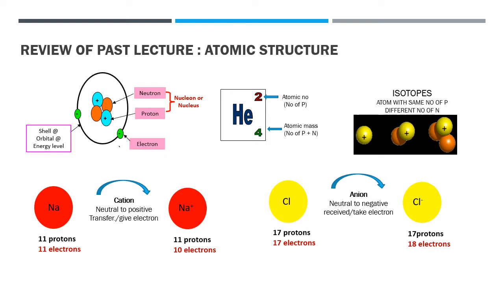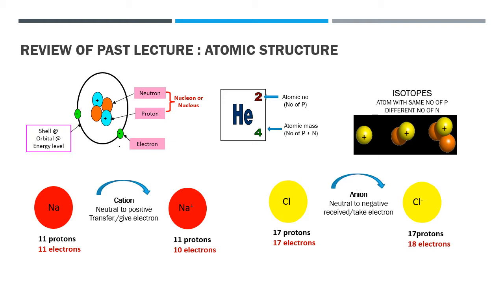An atom consists of three elements: neutron with neutral charge, proton with positive charge, and electron, which is located at the shell or orbital, which represents the energy level, and has negative charge. The combination of neutron and proton is called the nucleus or nucleon.